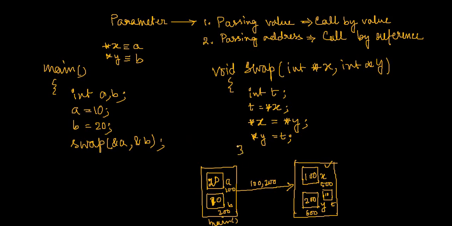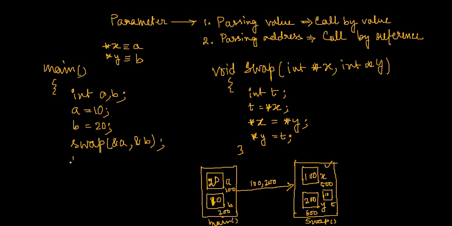And if you stop here and see, though you are in swap function, this is swap function, but still, since you have address of a and b, you can control this a and b even from outside of main function.